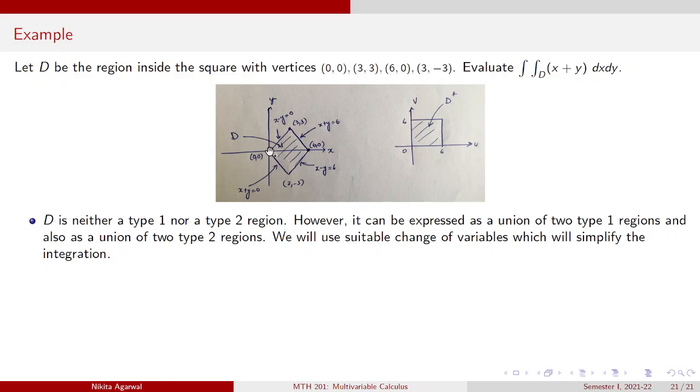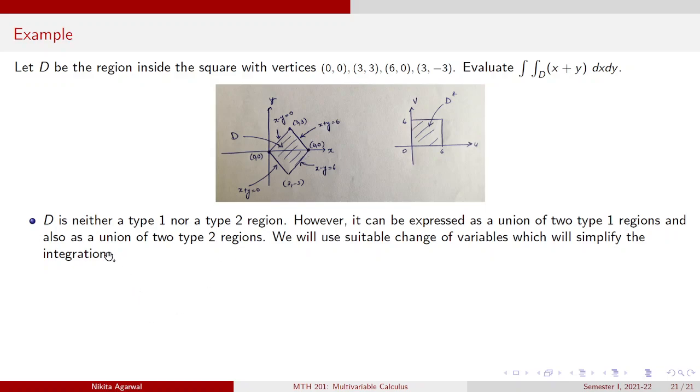So if you look at this line, this is x plus y equal to 0, and this line is x plus y equal to 6. So you see x plus y, right? So it's natural to take x plus y to be some variable, and this line is x minus y is 0, and this line is x minus y equal to 6. So it's natural to take another variable to be x minus y.